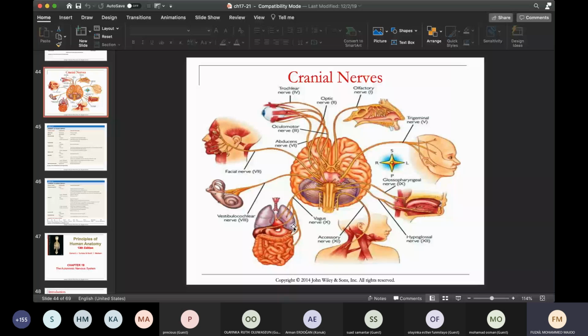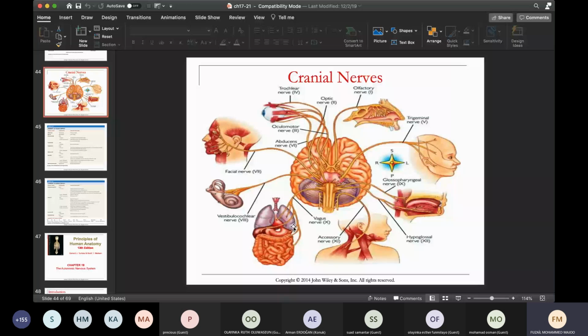It also plays a role in monitoring blood pressure and your oxygen and carbon dioxide levels in the blood. It detects pain, touch, and heat from the skin of your ears, the external part of the ear. Also, sensation from your abdominal organs as well as your thoracic region is conducted through there.